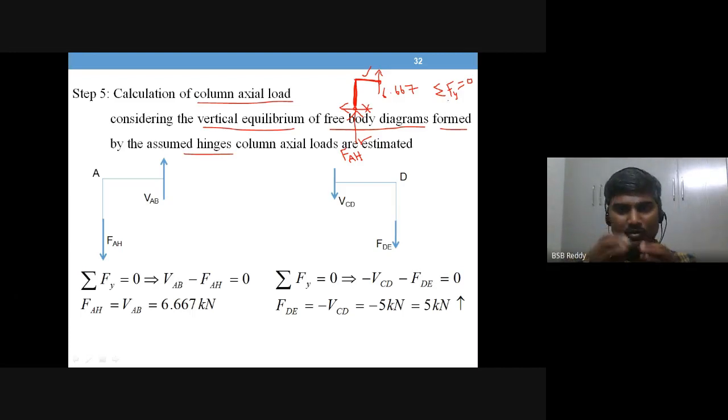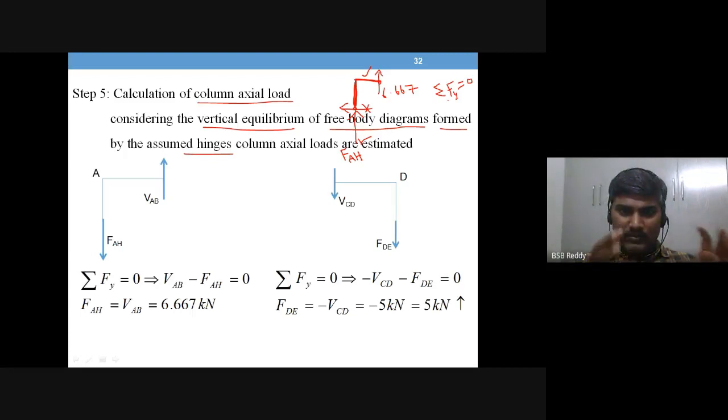You take only all vertical forces, sum is equal to 0. So by taking free body diagrams formed by the assumed hinges, assumption 1, you have many free body diagrams.